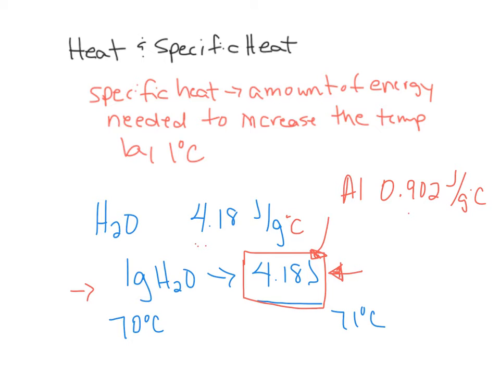Especially if you cook or you love to barbecue and you use aluminum on a grill or something. Aluminum heats up really quickly, especially compared to water. So we can identify different elements or substances based on their specific heat.